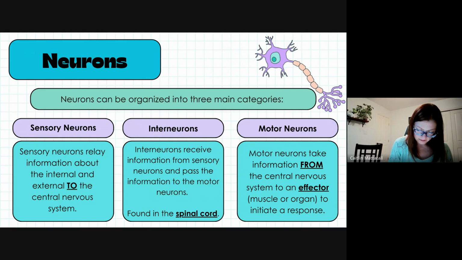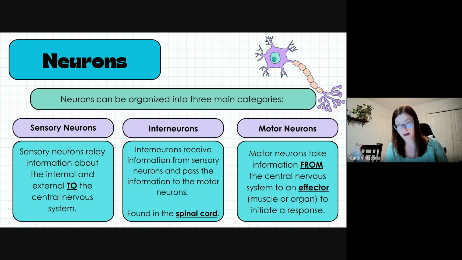So our 3 main types of neurons, you have sensory neurons that are sensing the environment, either internal or external. You have your interneurons, which are taking the information from the sensory neurons and passing them along to the motor neurons. And then the motor neurons are making you motor. They are taking the information and causing some sort of action to happen.